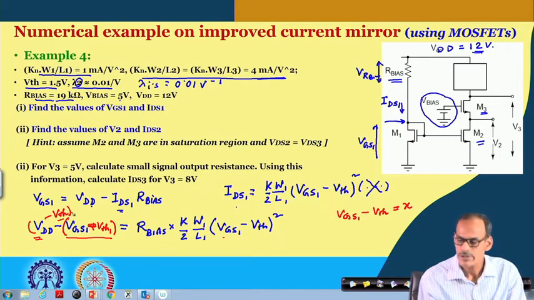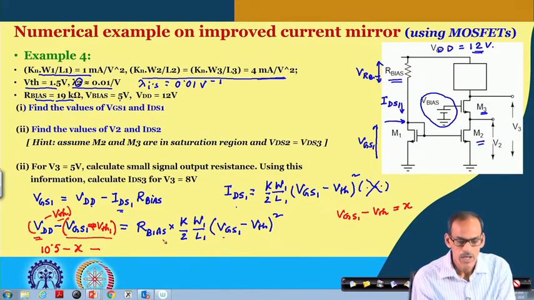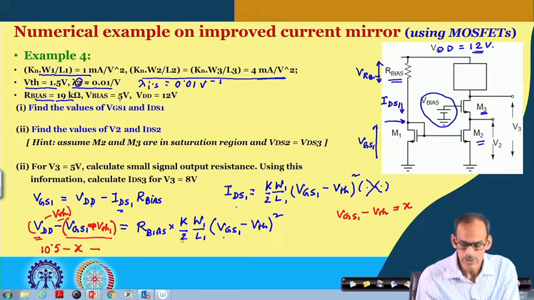This part is 12 volt minus VTH, which is given to us as 1.5, so that is 10.5, minus x, equals R bias, which is 19, and this part is 1 divided by 2 here.